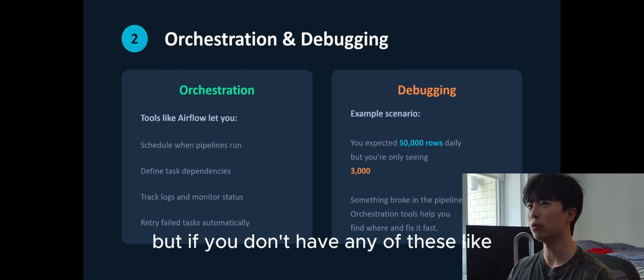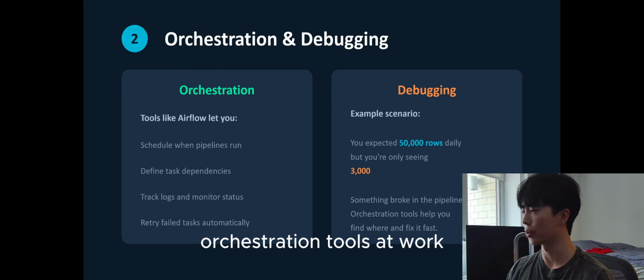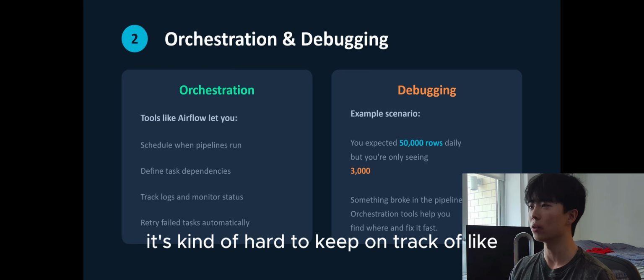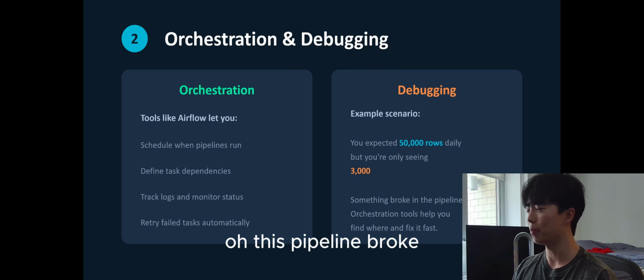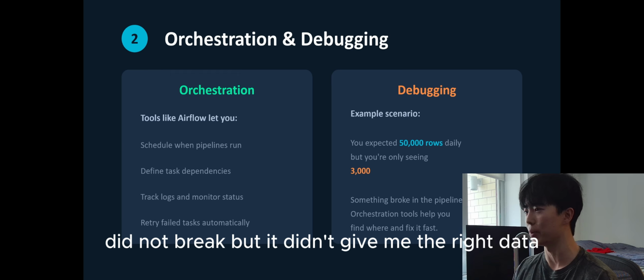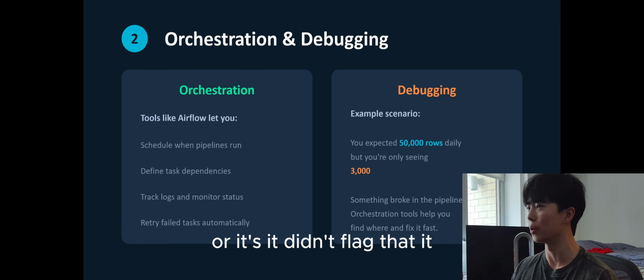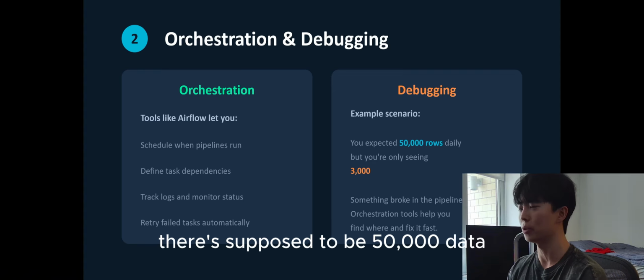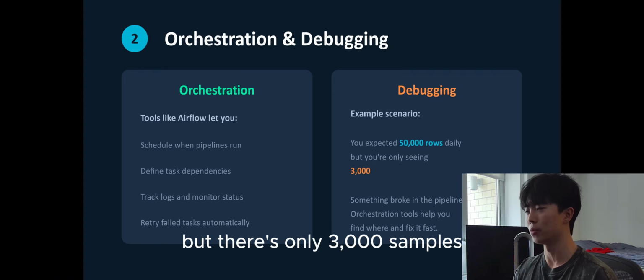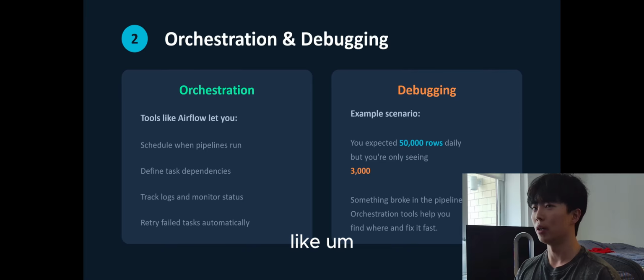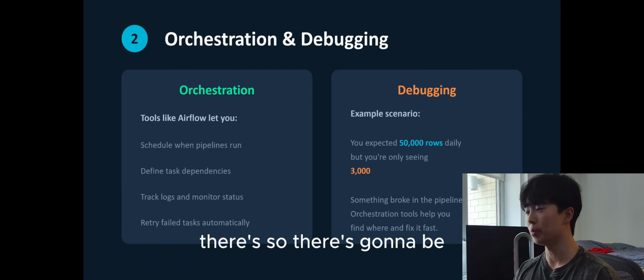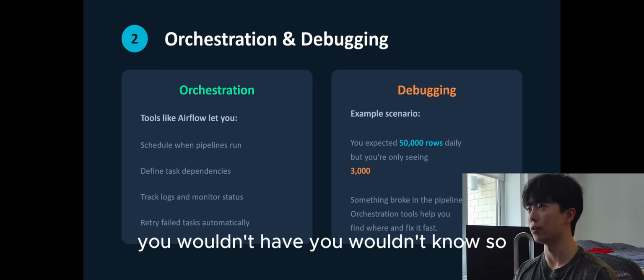But if you don't have any of these orchestration tools at work, it's kind of hard to keep track of, oh, this pipeline broke. Oh, this pipeline did not break, but it didn't give me the right data, or it didn't flag that there's supposed to be 50,000 data, but there's only 3,000 samples. Even though there are red flags, you wouldn't know.